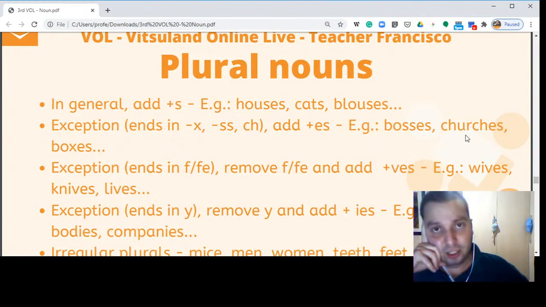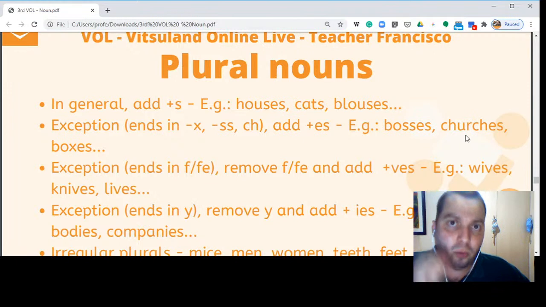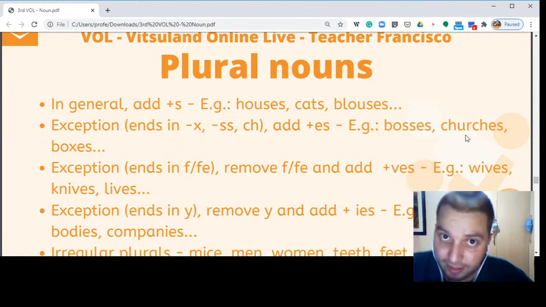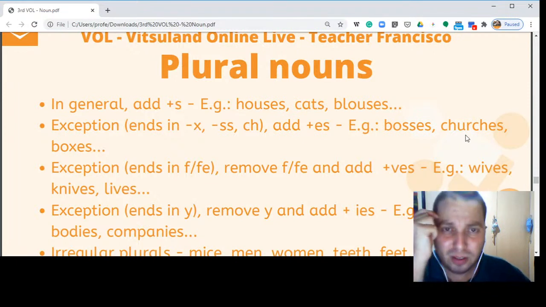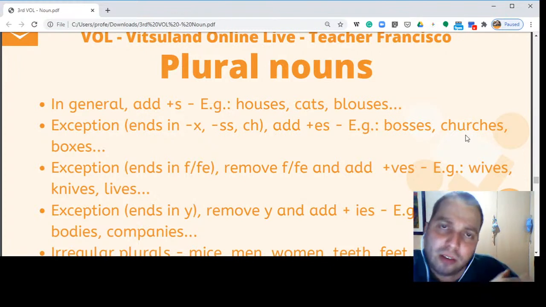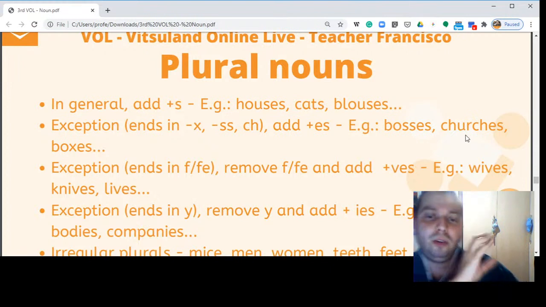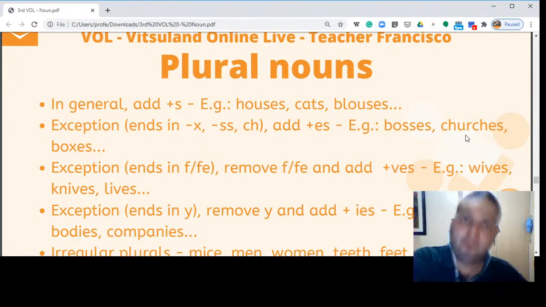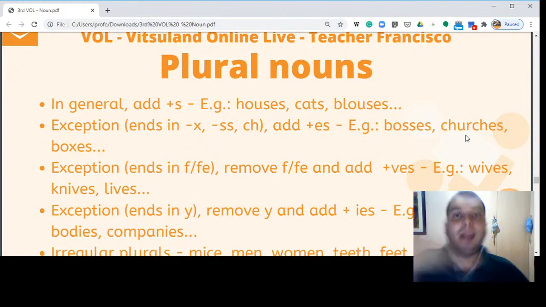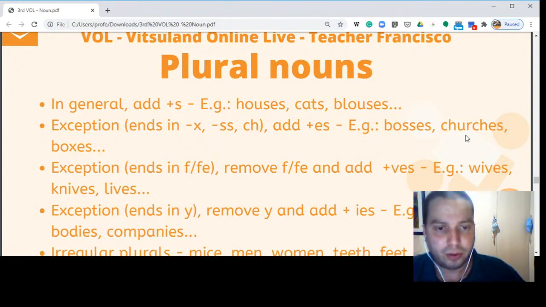So pay attention, especially when you're studying, reading, and mainly when you are writing. Remember these rules and the endings of these words, so you're not going to make mistakes. Wife, wives, knife, knives, life, lives. Don't forget this, it's really important.